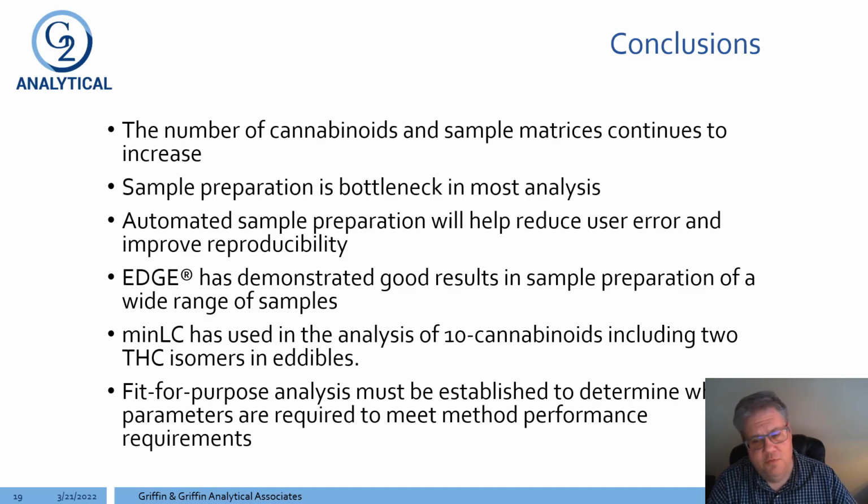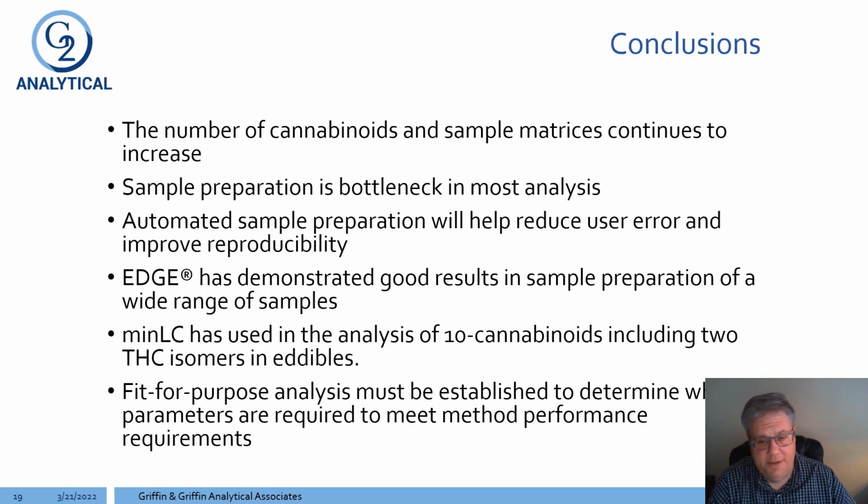And as you introduce more and more of these isomers, you have to be very concerned about your analytical performance with being able to discriminate against the other cannabinoids that might be present. So having a good idea of what you're analyzing and how that impacts your analysis is going to be critical.